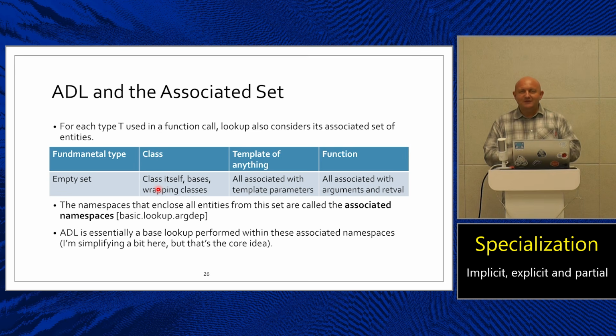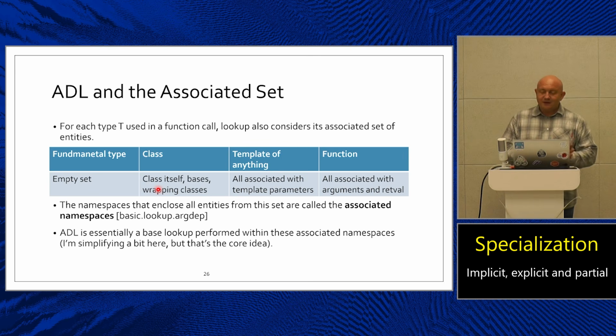So, we are building the list of associated entities, and for each entity, the nearest enclosing namespace is an associated namespace. ADL at its core is essentially a lookup performed within these associated namespaces for a given function.